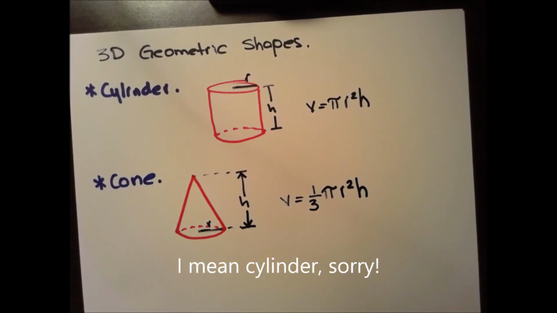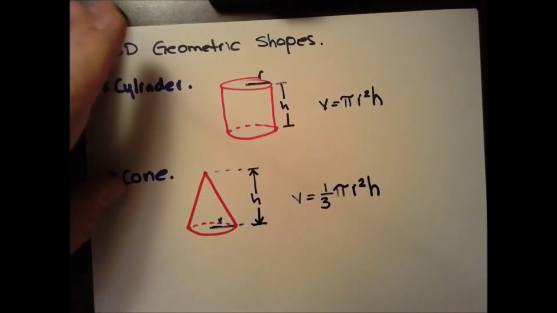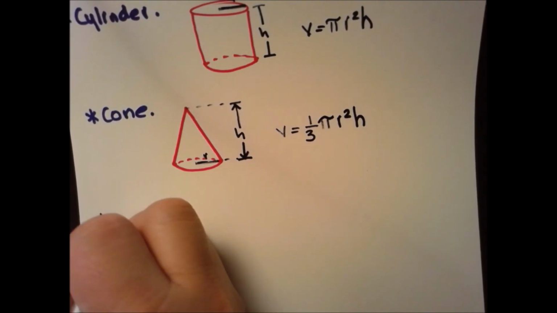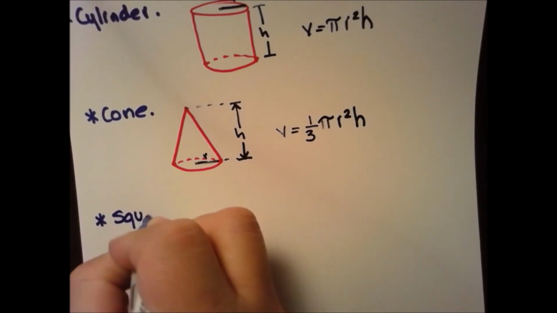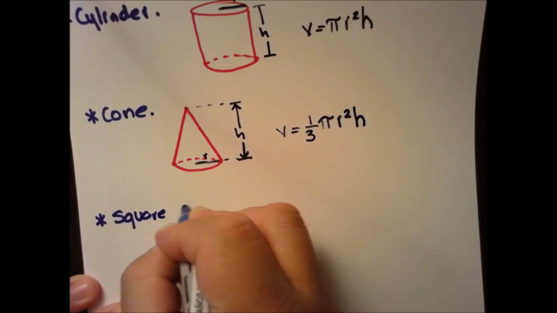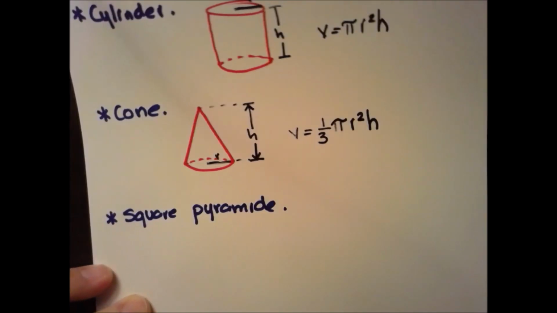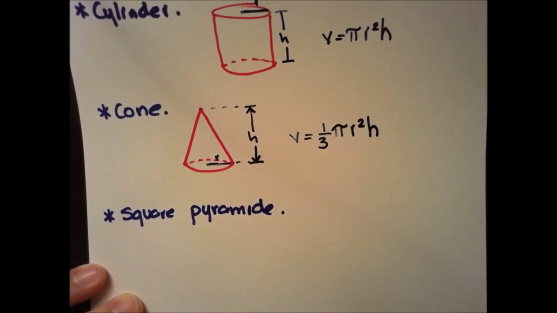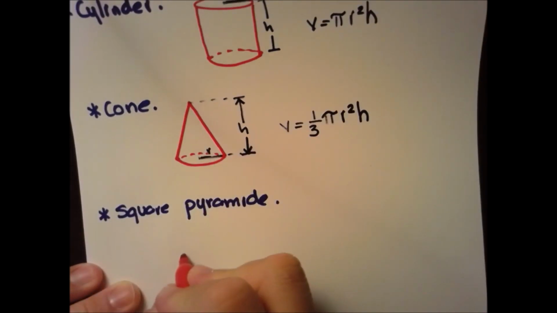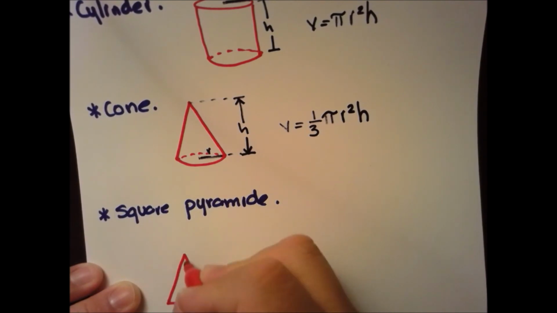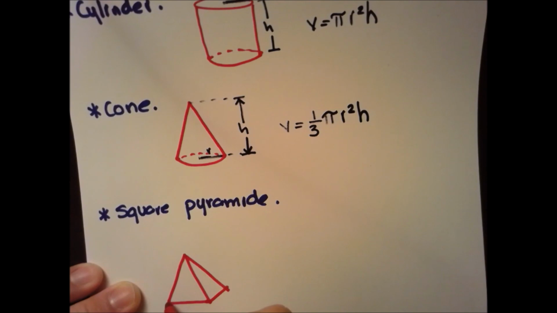Next one is going to be the square pyramid. Here we're going to have a pyramid with a base in square form, something like that. As you can see, here we have the inside sides.